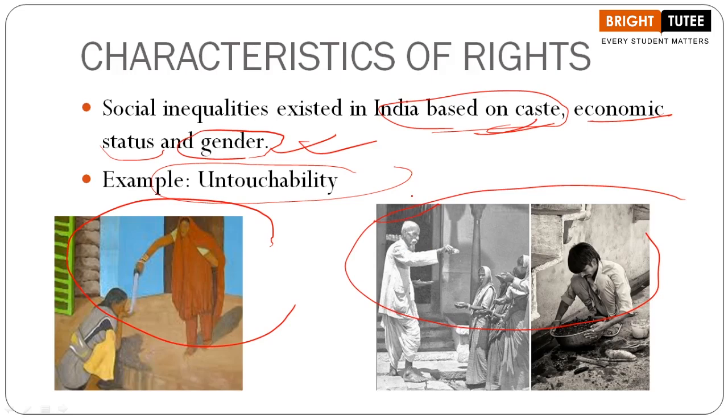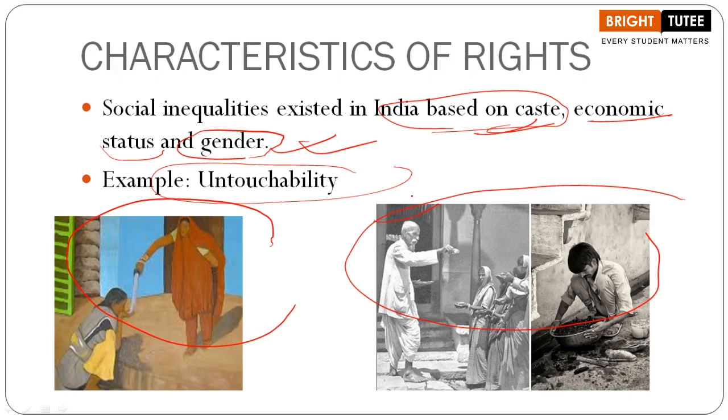So what is this? This is a kind of social inequality that existed based on caste discrimination. Just because people belonged to the lower caste, they were not supposed to touch the upper caste. They were not supposed to stand in front of the upper caste. They were not supposed to enter the villages where these upper caste people were living, or to use anything that belonged to the upper caste community.